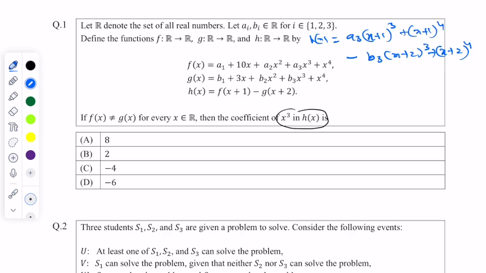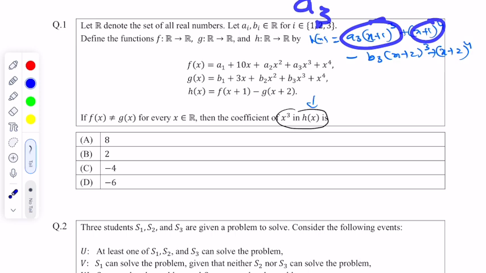Again students, this is the way; what we are trying to convey in this video is how you need to do this question in the exam. Yes, I could have written all of that, but it's of no use. It's not going to give me any answer. Now if I simplify this, let's focus only on x cube because that's what has been asked. The x cube term from here will come out as a3.